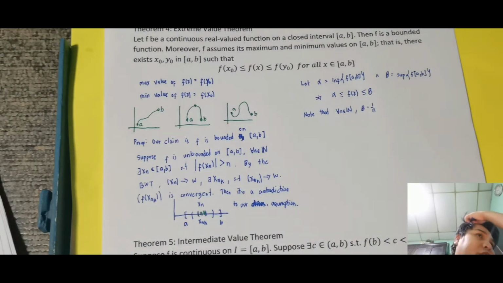So since the supremum is the least upper bound, meaning there is nothing smaller than it. Because the supremum may or may not be in the set.